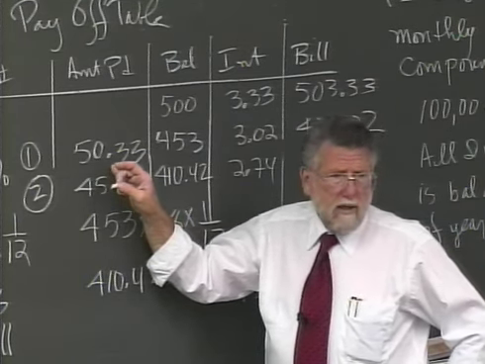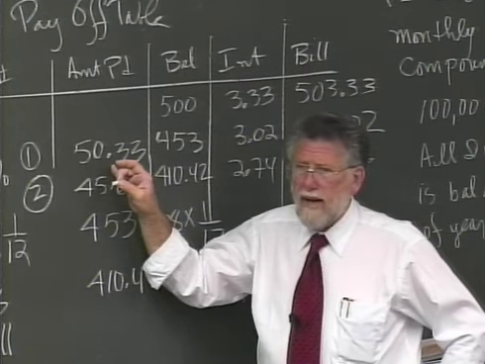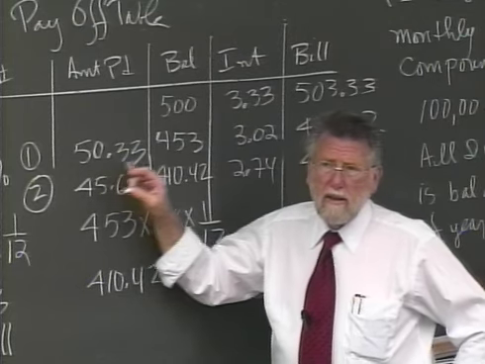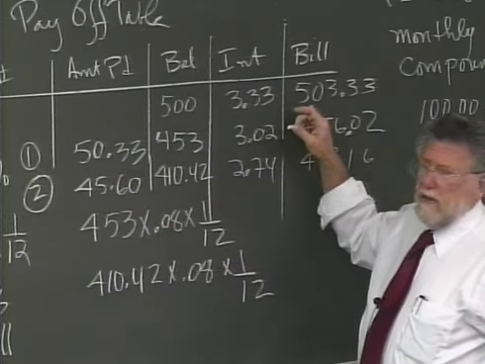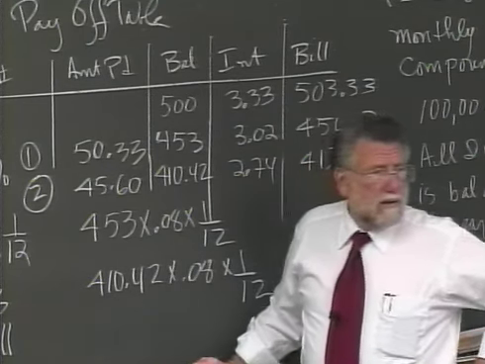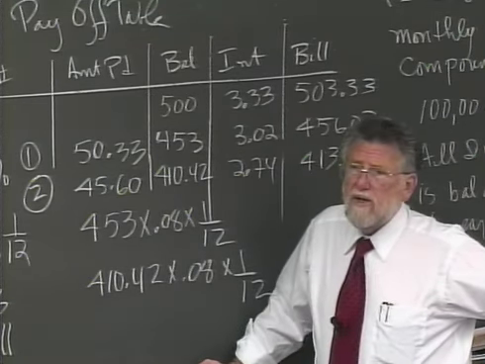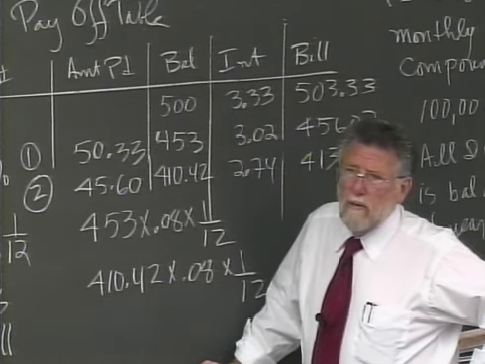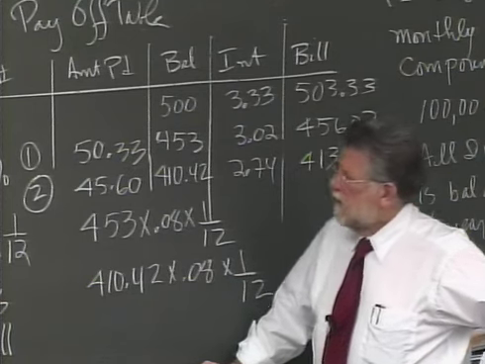Now what the credit card company is going to do, which is usually a bank, they're going to subtract that $50.33 from what? From my bill. And they're going to say your new balance before interest is $453. Then, what do we do with that $453?